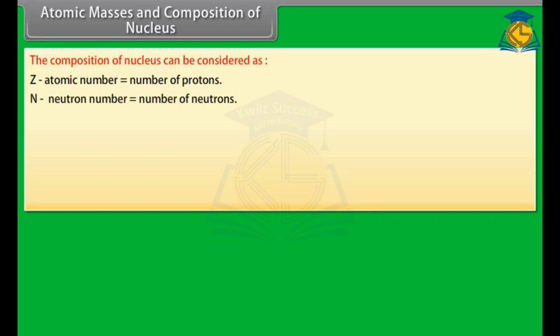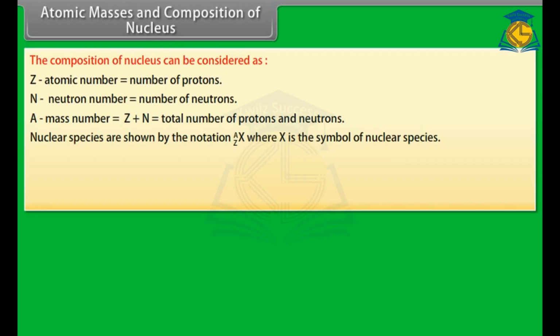Let N be neutron number, which is equal to number of neutrons. Let A be mass number, which is equal to Z plus N, which is equal to total number of protons and neutrons. Nuclear species are shown by the notation, where X is the symbol of nuclear species.